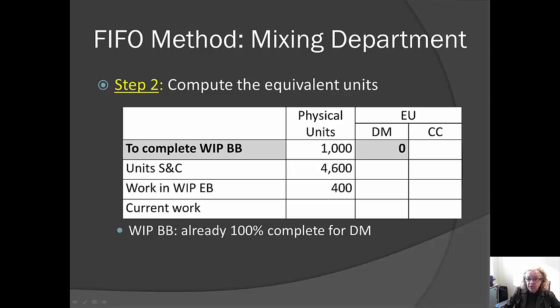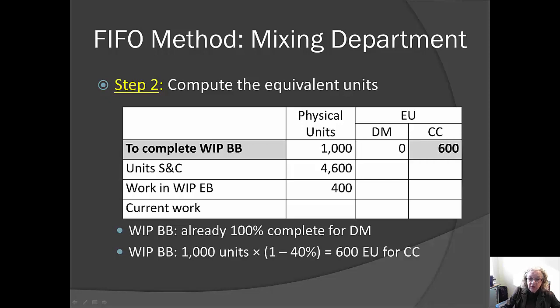Now, what about conversion costs? Well, we were told that these 1,000 units were already 40% complete for conversion. They got 40% of their conversion costs in the previous period.